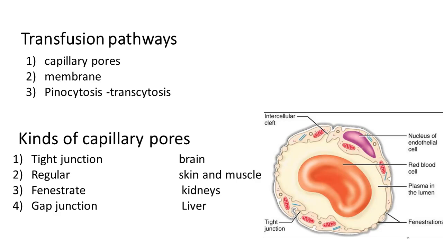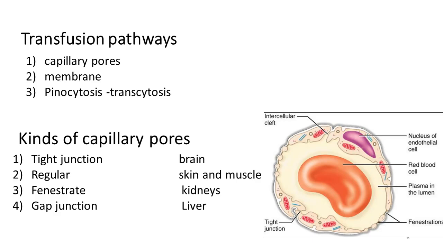The other kind of capillary is very regular in our body, and is seen in many organs such as skin and muscle. They have some kinds of pores or fenestrates, but they cannot transfuse large molecules. The third kind of capillary is named fenestrated or sinusoidal.